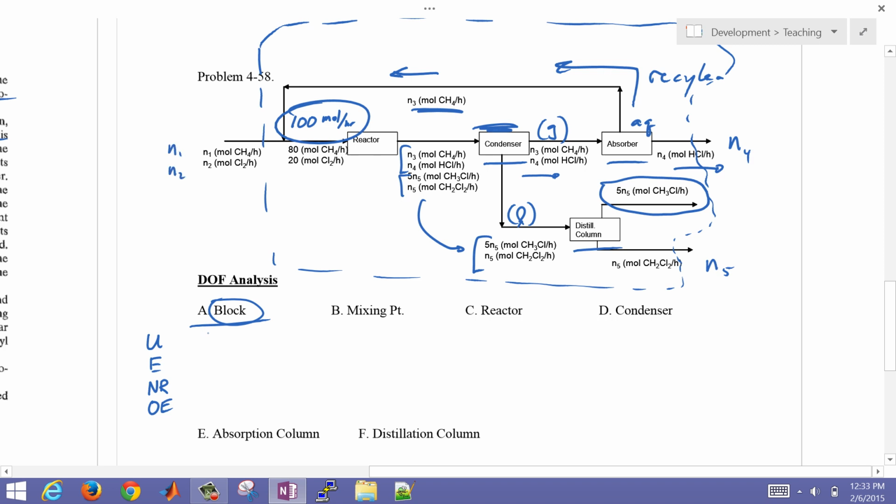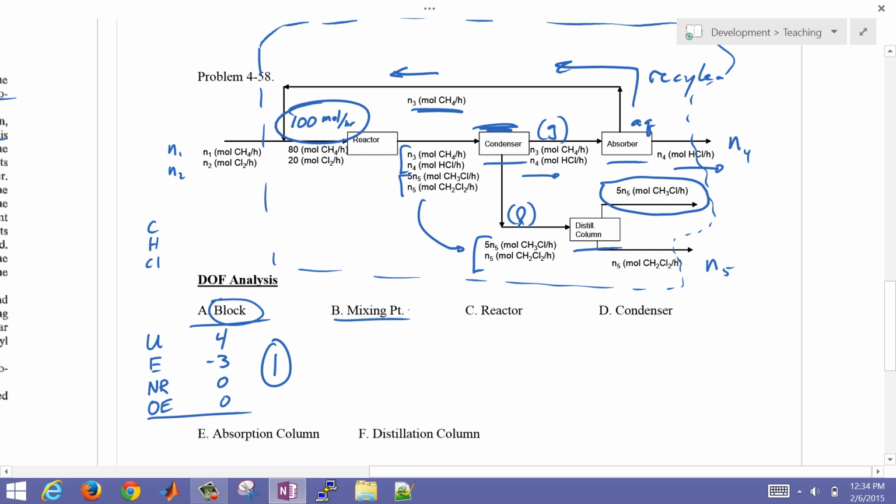So we have 4 unknowns. Let's count the elements: we have carbon, hydrogen, and chlorine in each of these species, and that's it, so that's 3. We can do 3 element balances. We have no non-reacting species and no other equations. So the degrees of freedom are going to be 1, and we don't have enough information to solve this one.